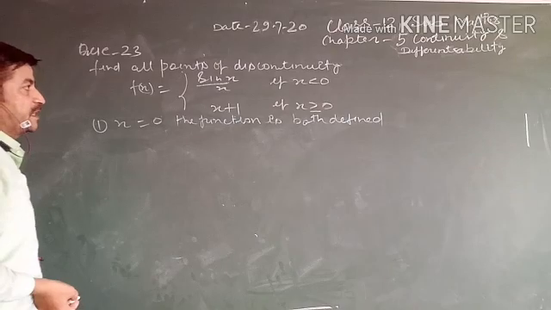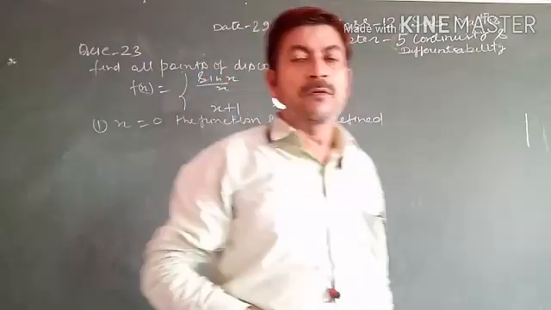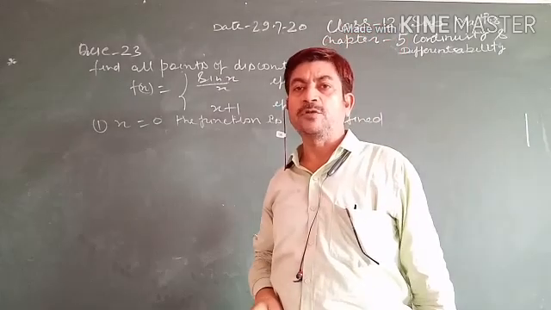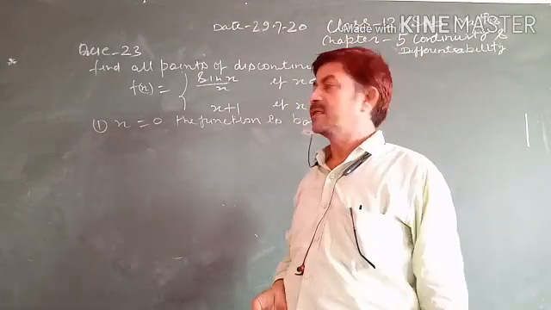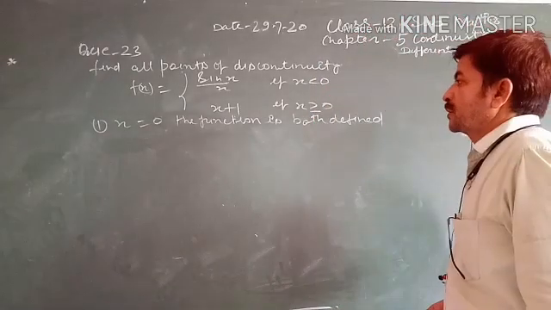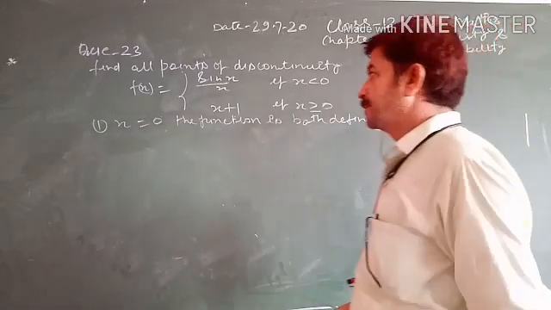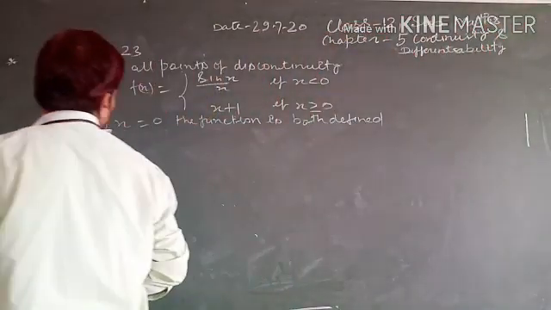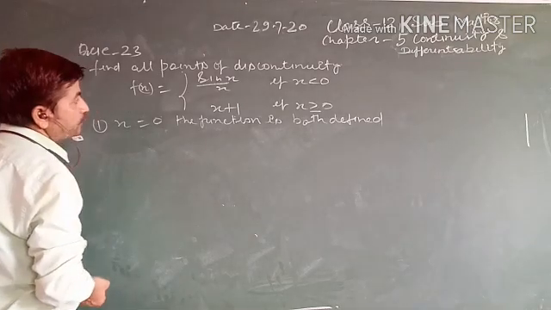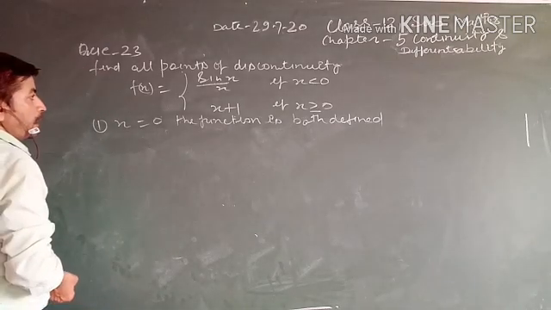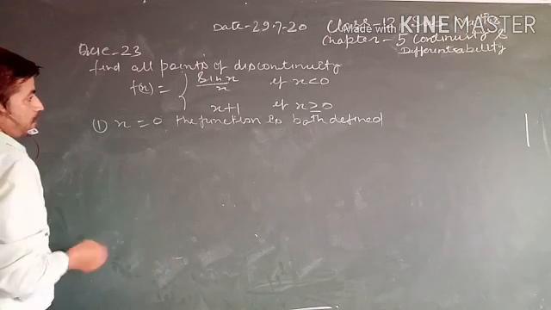That is, the function is given for x equal to 0, for values of x less than 0, and for values of x greater than 0. So the function at x equal to 0 is defined. Now I am going to find the left hand limit and right hand limit at x equal to 0.